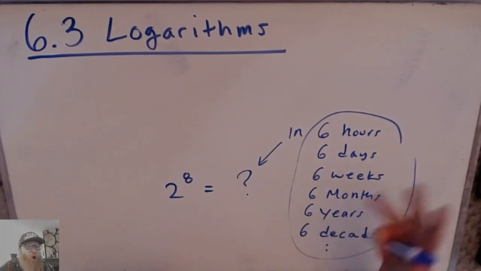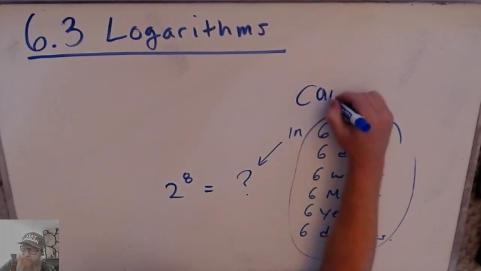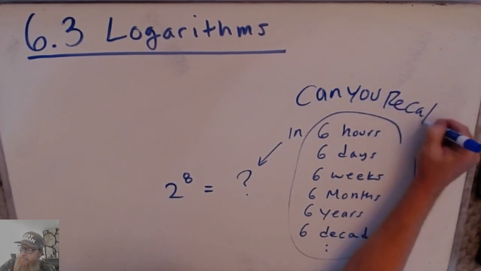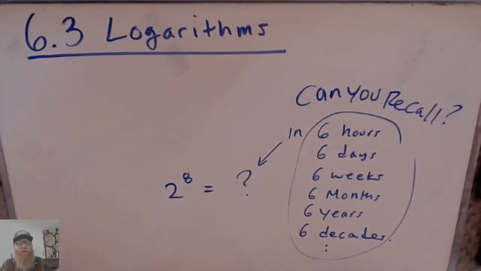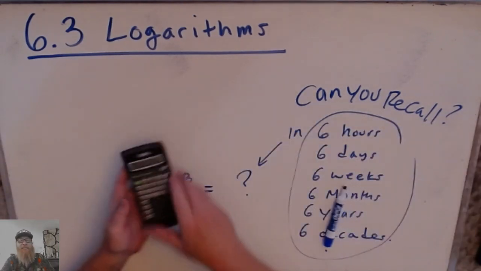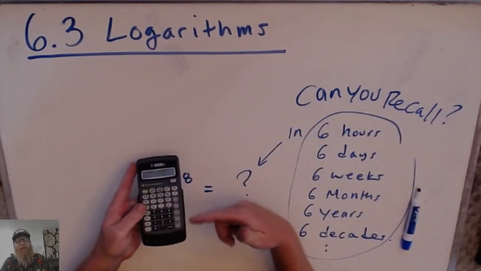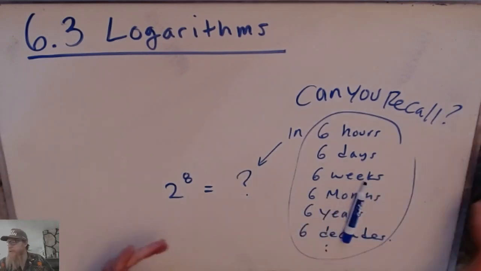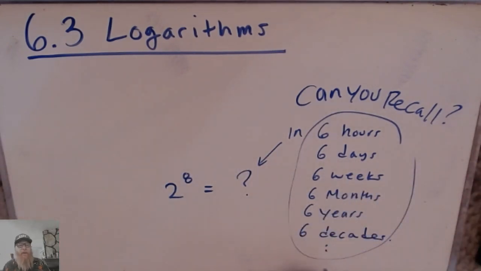Are you going to recall what that was? Well, maybe you can. Nowadays, in the modern era, you have a calculator that can always reproduce the number for you, so you don't have much incentive to actually recall it.